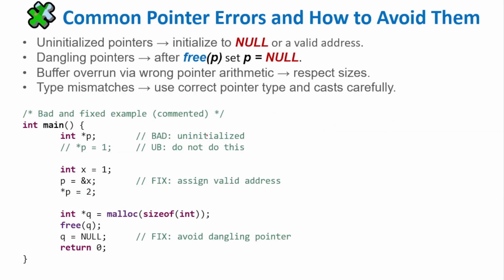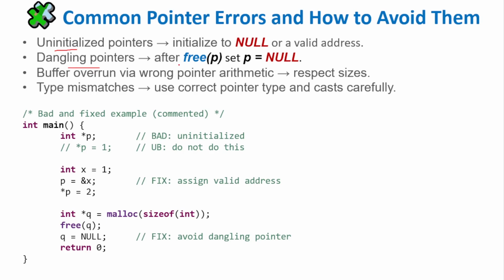Common pointer errors and how to avoid them. Incorrect pointer usage is one of the main sources of bugs in C programming. Common mistakes include using uninitialized pointers, dereferencing null pointers, accessing freed memory, and pointer type mismatches.